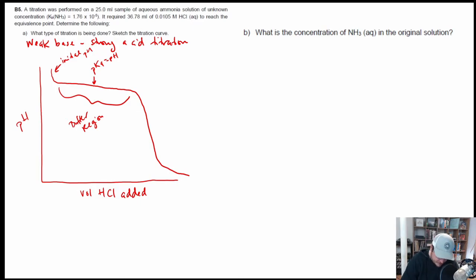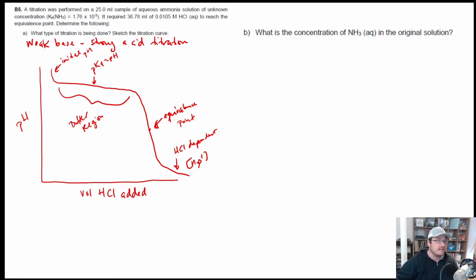And then your equivalence point is going to be right here, halfway in this steep region. So equivalence, we have this huge drop off. And then right here, this is all going to be HCl dependent. This is all just simply H3O plus, because at that point all of the ammonia should have been converted into ammonium, and the ammonium is a weak acid, so it's still going to have that weak acid, weak base equilibrium.